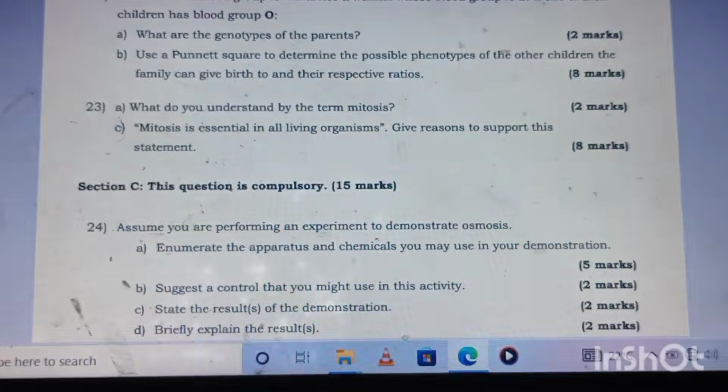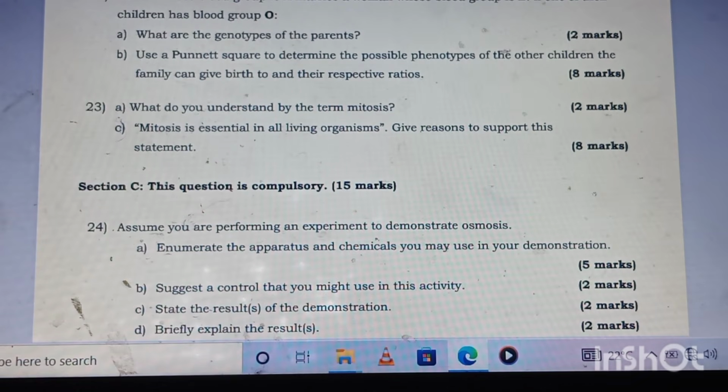The reason why, because in the beaker we have a low amount of solute compared to the Irish potato. Meaning the water will move from the beaker, which contains a low amount of solute, to the Irish potato, which contains a high amount of solute. That solute is what we call sugar.